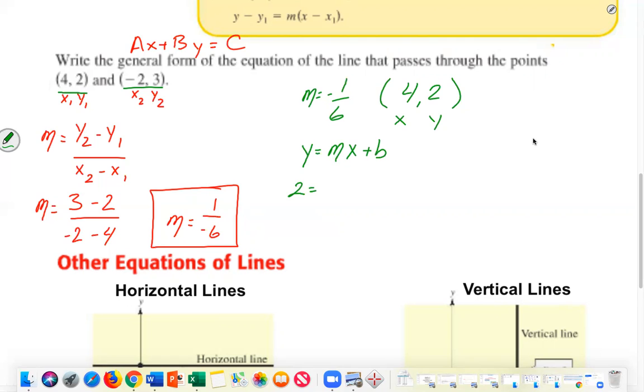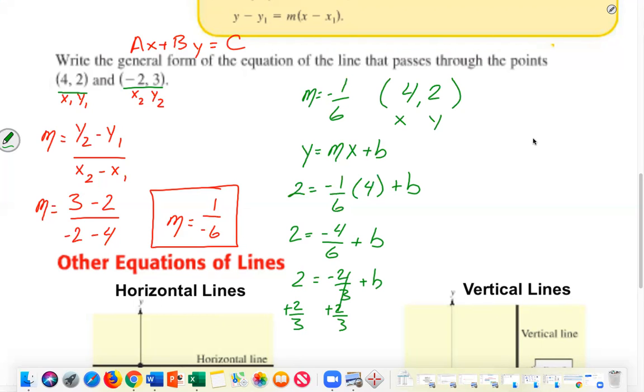Now, substitute. So 2 equals negative 1/6 times 4 plus b. So 2 equals, simplify here, negative 4 over 6 plus b. Okay, I don't really like negative 4/6, so I'm going to write negative 2/3 plus b. Get rid of negative 2/3, I add it.